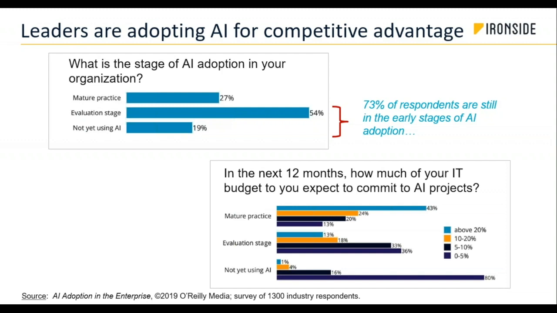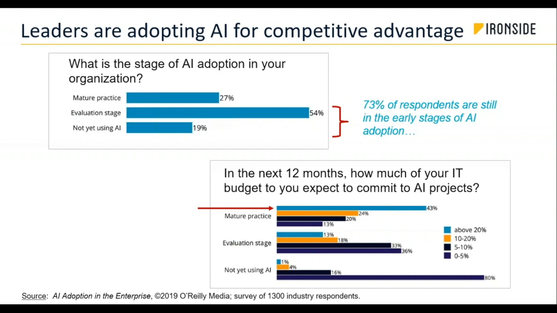However, if you look at the investment, what you see here on the right-hand side is those three stages of maturity again: either mature, evaluation stage, or not yet using. And this is indicating how much they're planning to invest in AI. If you look at this blue stripe for the mature practice, the level of investment they are making is massive going forward.